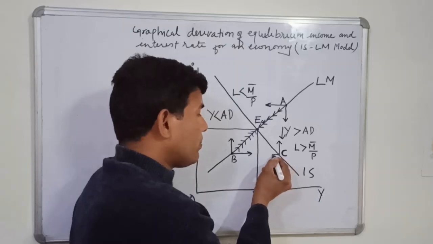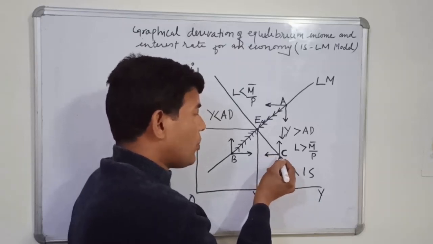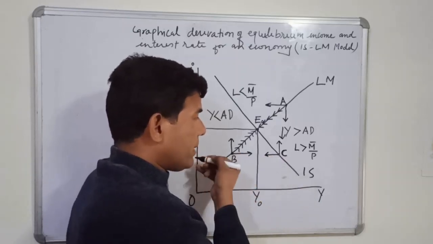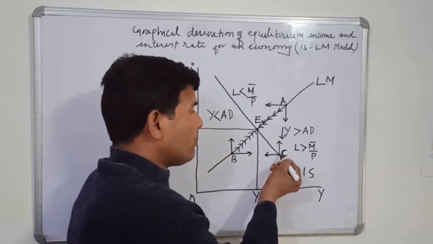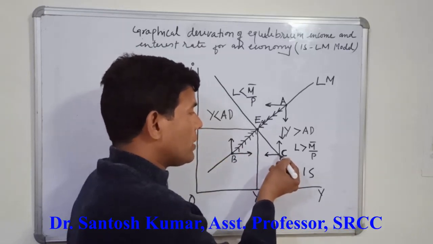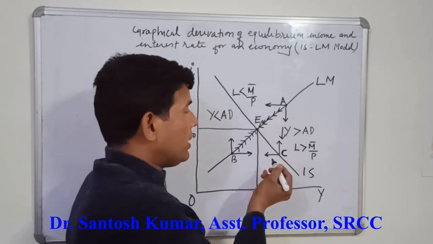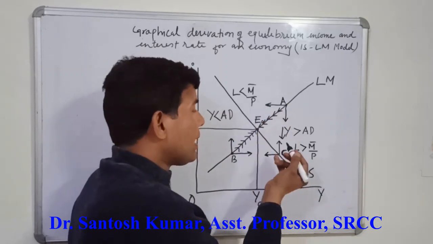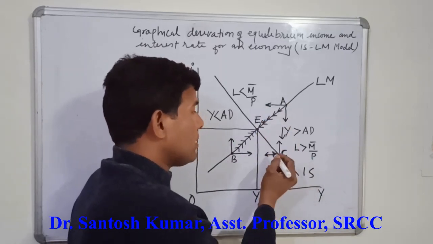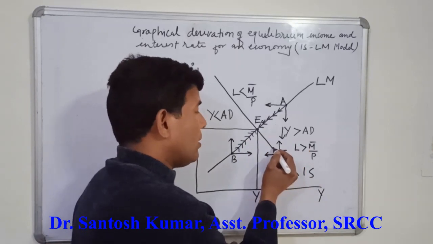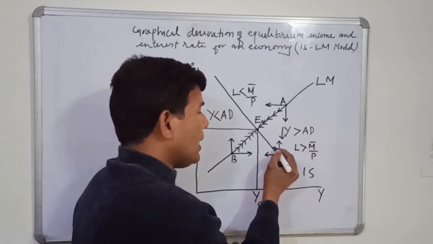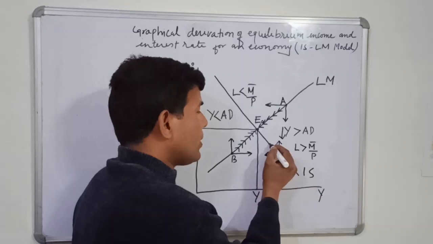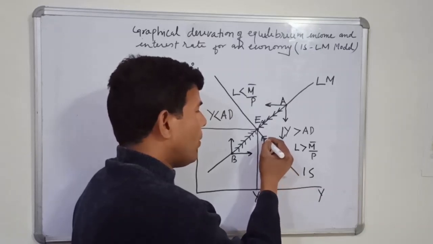So you have got another force which is pulling this point C to the left hand side, and there is one force in terms of interest rate which is pulling this point C upward. Ultimately, the economy would experience a path where you will have interest rate rising and income falling.